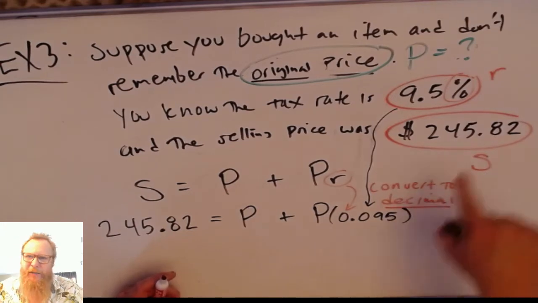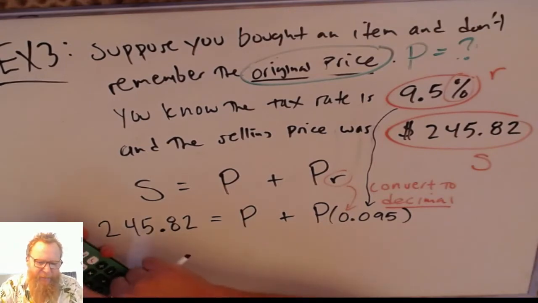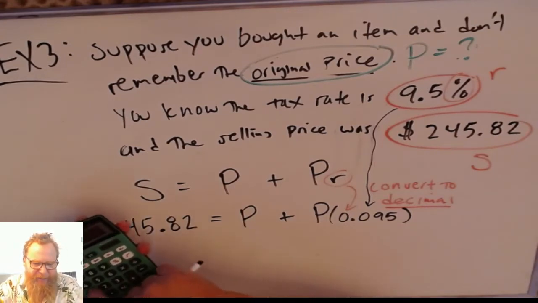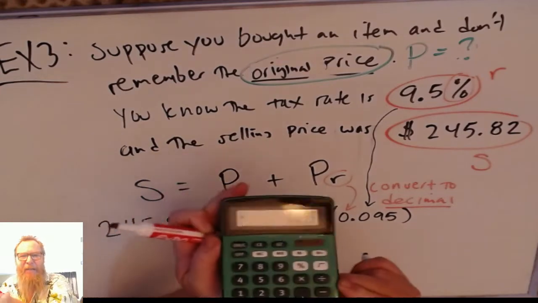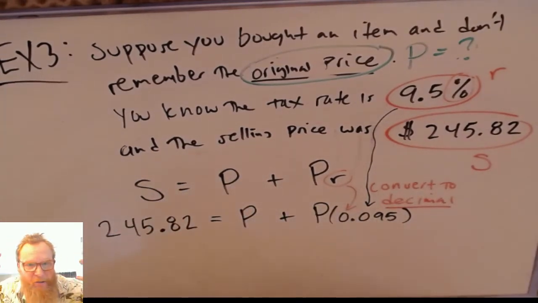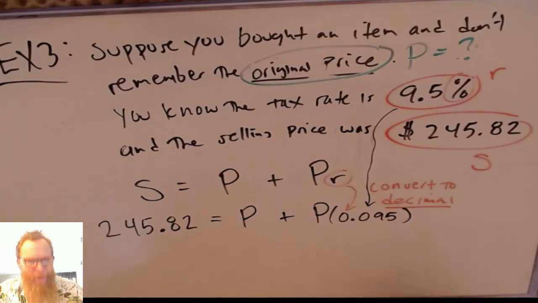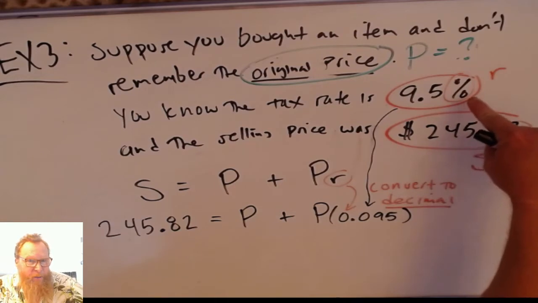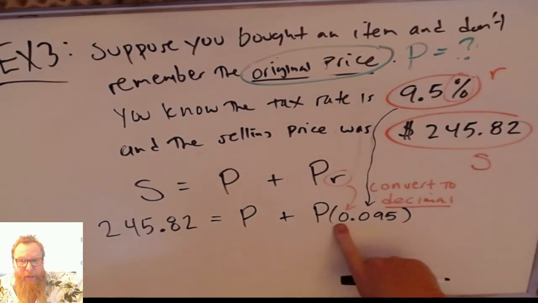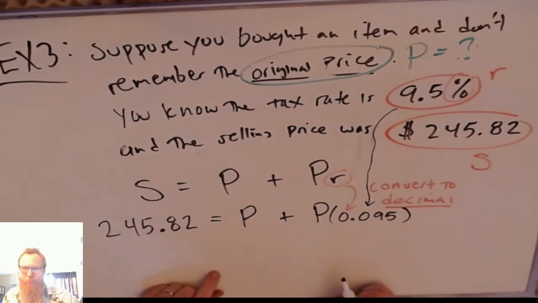You could also do it by just dividing by 100. If you ever forget, go back to the beginning of the chapter and remember the definition of percent. Just divide by 100 and there you go. Then you don't have to think, do I move it to the left or to the right, how many places do I move it? Just remember percent means divided by 100. So 9.5% divided by 100, there you go: 0.095. Now, here's where it gets weird.